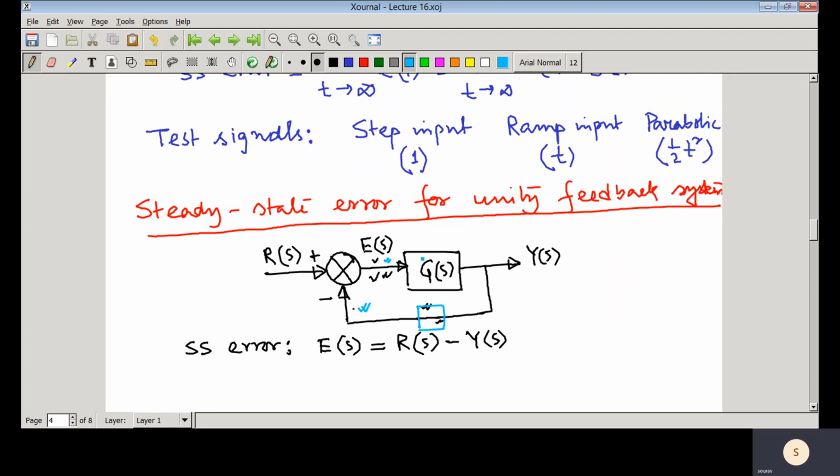So this is not that steady state error. So that is actually important. So first we will be considering the case whenever that feedback is unity.